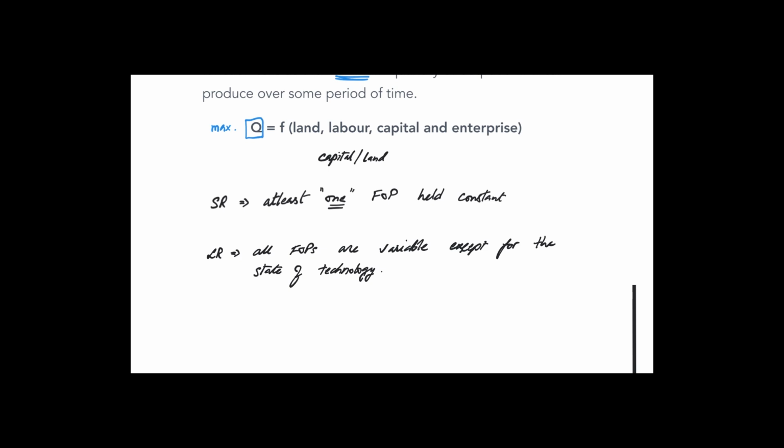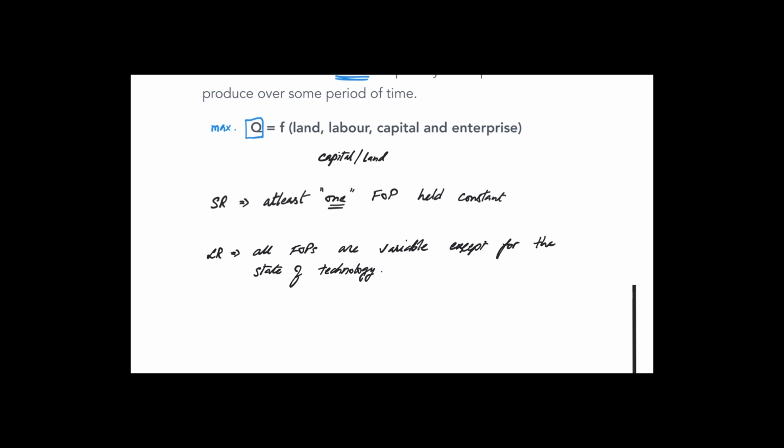You can increase the number of the same machines that you have with the same productive abilities. You can't move on to something new. So if you have a diesel generator, you cannot move on to a more sophisticated, let's say, an LNG or a nuclear based generator or something.